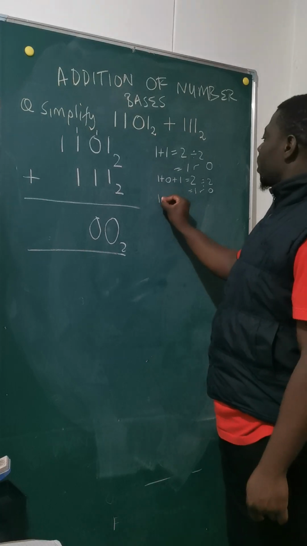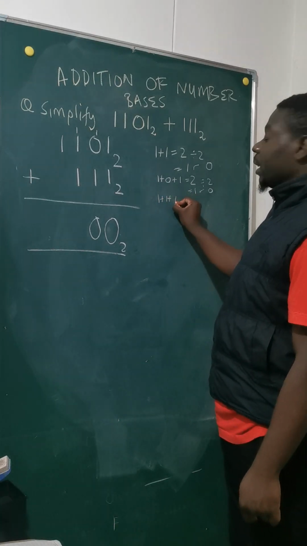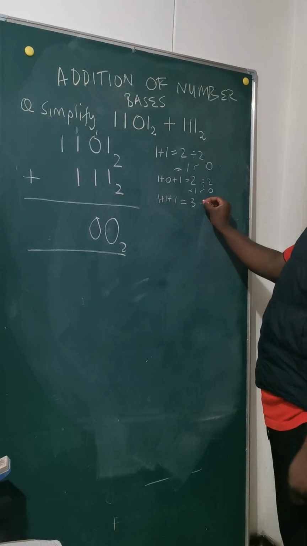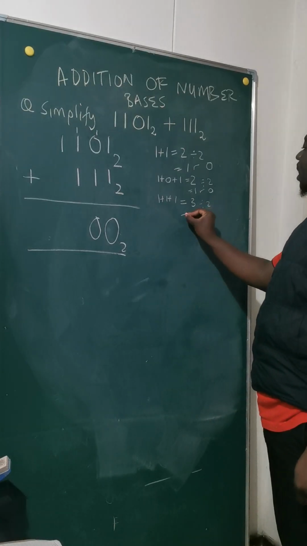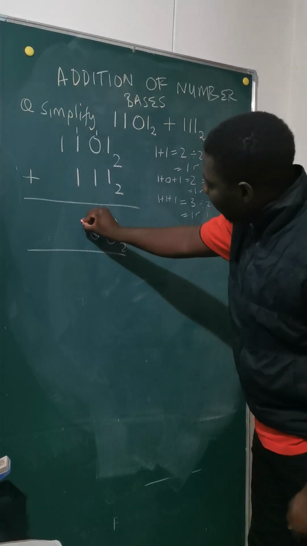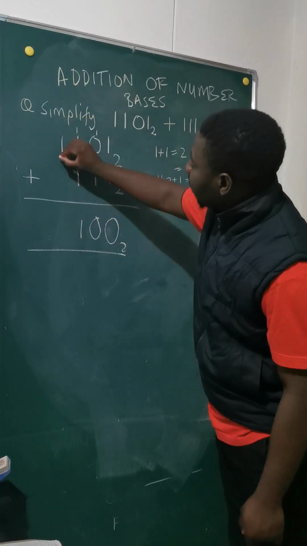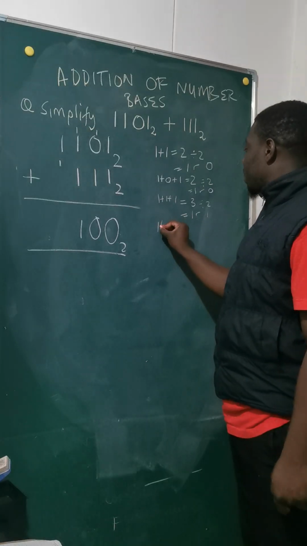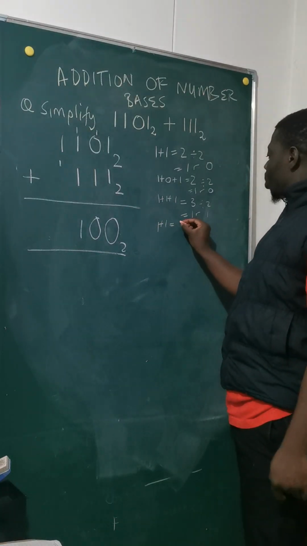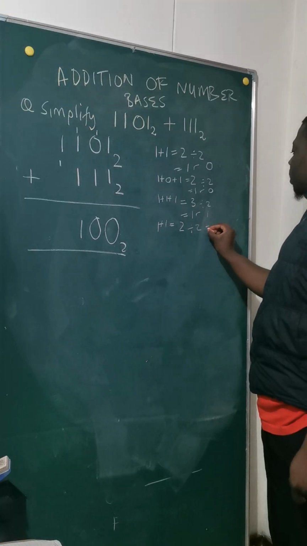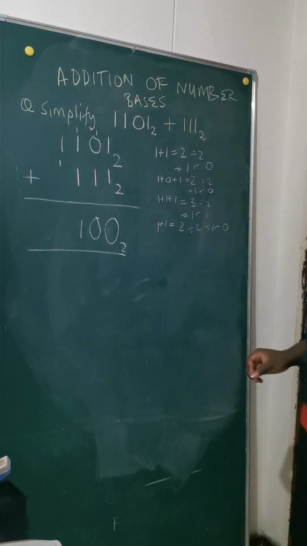Then we say 1 plus 1 plus 1. Our answer is equal to 3. We divide by 2. Then it's 1, remainder 1. So we write the remainder 1 here, and we carry the 1 here. Now it's 1 plus 1, which is equal to 2. Divide by 2, it's 1, remainder 0.